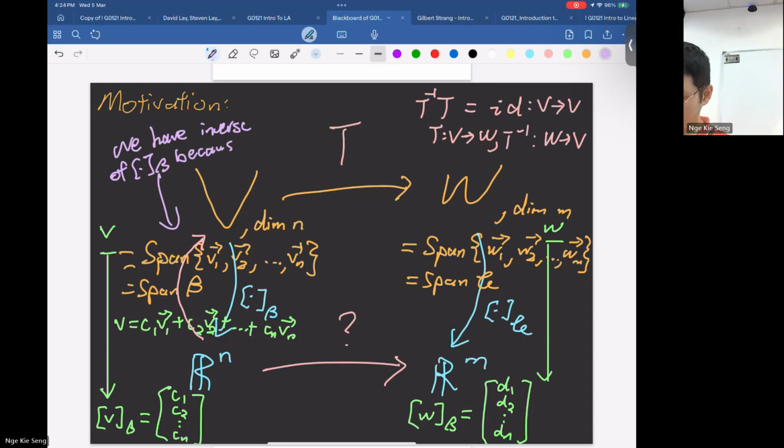Because it is one-to-one and onto. Maybe I won't show you why one-to-one and onto implies it has an inverse, but I will tell you this fact. Last time I left the proof for you that this is one-to-one and onto, so it's bijective. If you learned discrete math, you know that if you have one-to-one and onto, it is bijective, then you will find the inverse.